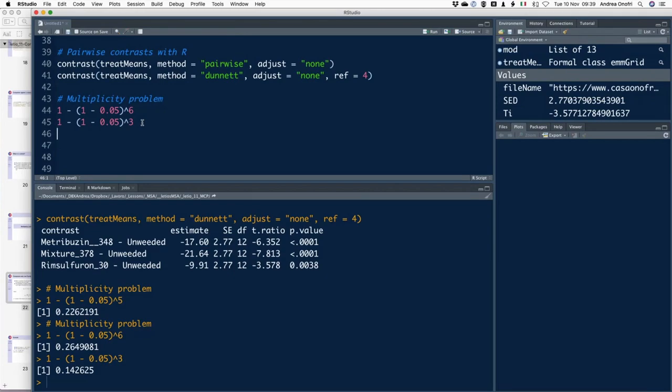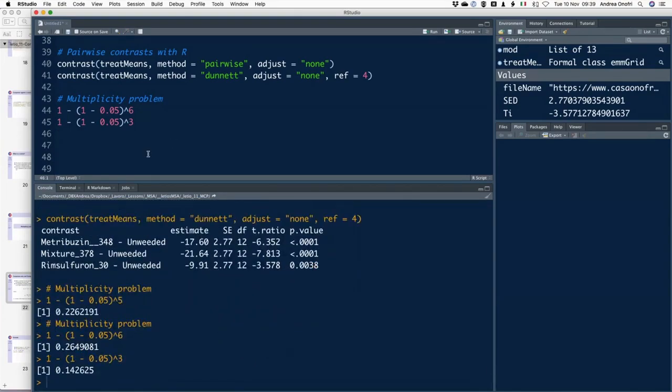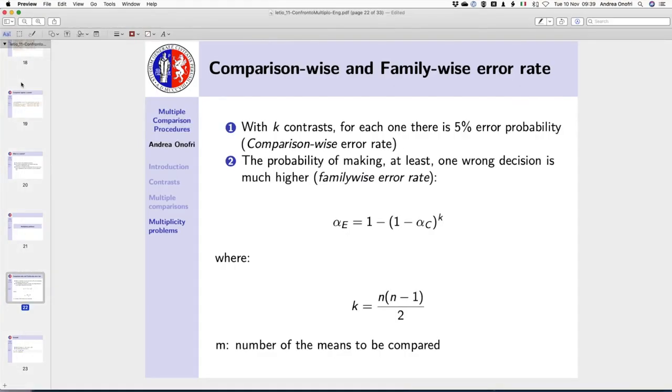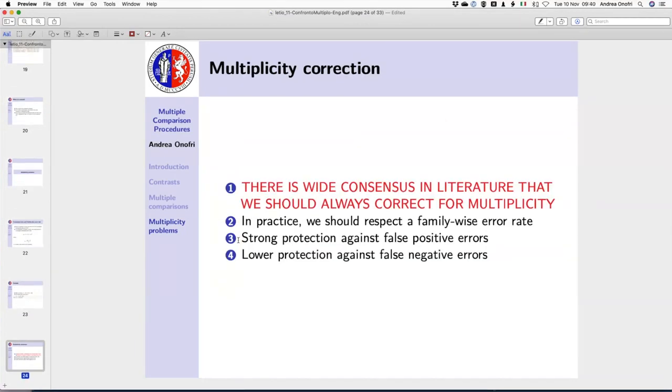That matters. Because if we want to make a correction for the multiplicity problem, here, with all pairwise comparisons, we need to be more strict than with the Dunnett type of comparisons. Right? So, how do we keep this problem under control?